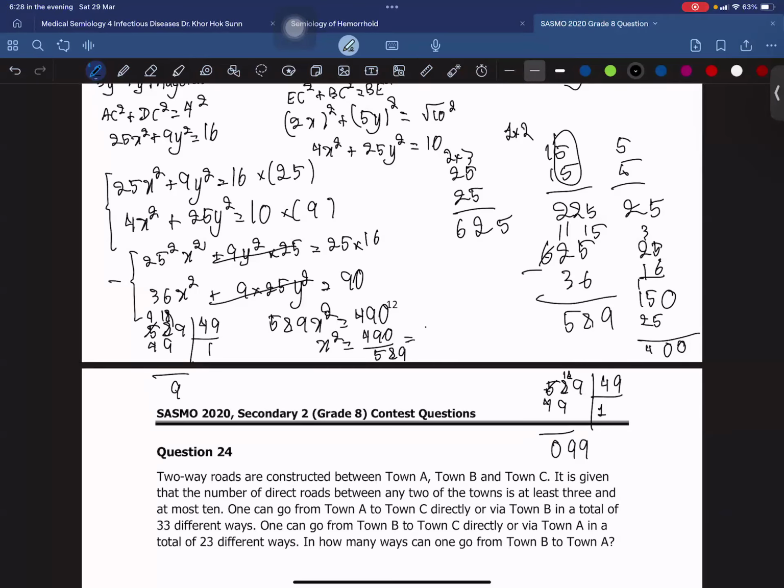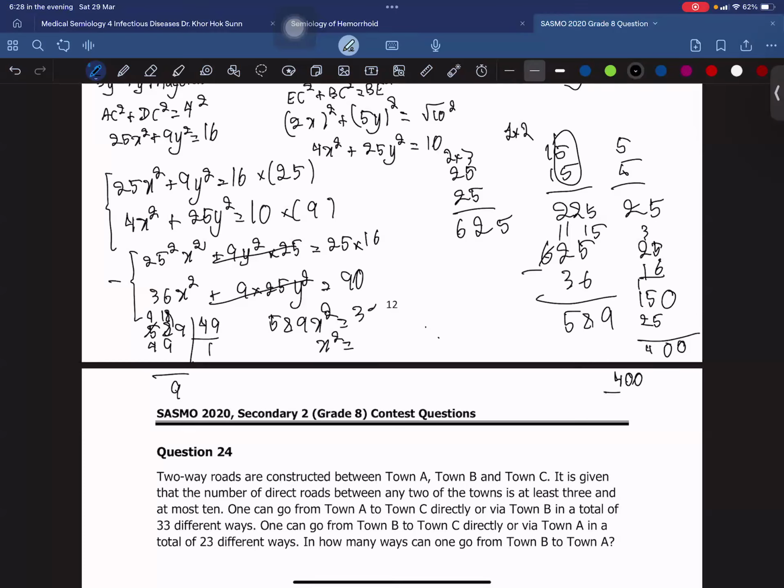So what? I think there's some problem here. Wait, shouldn't it be x squared over 300 and... Oh, really? Oh, yeah, we need to subtract. Sorry, my bad. Thank you. Yeah, you're right. Minus.